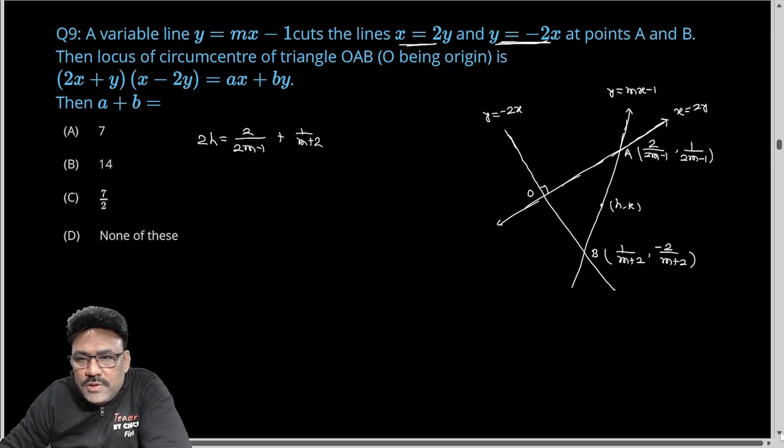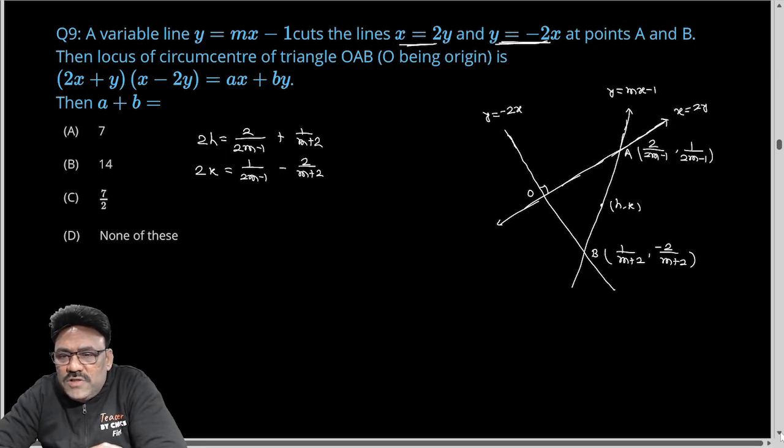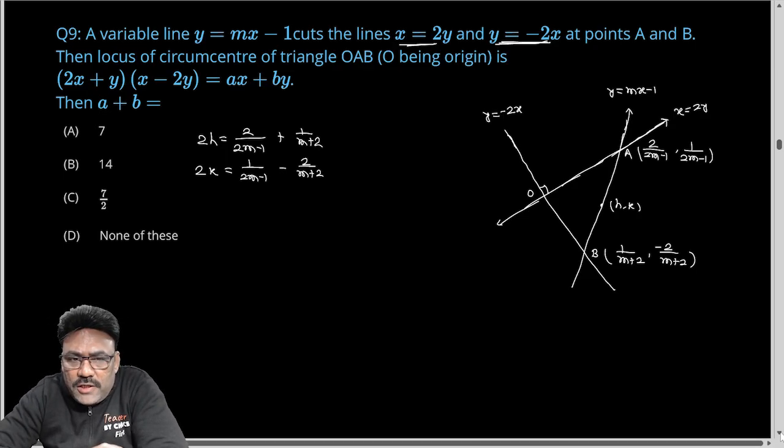And 2k will be 1 over 2m minus 1 minus 2 over m plus 2.